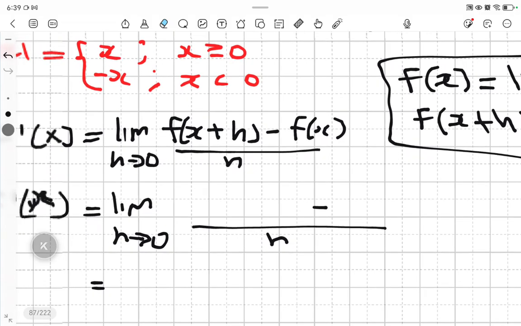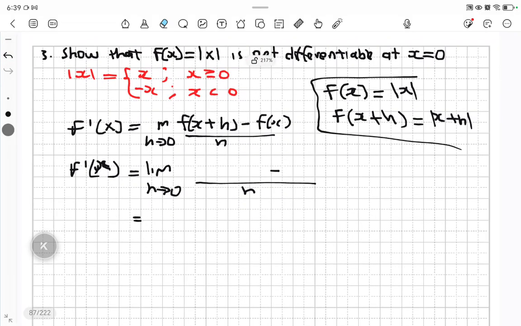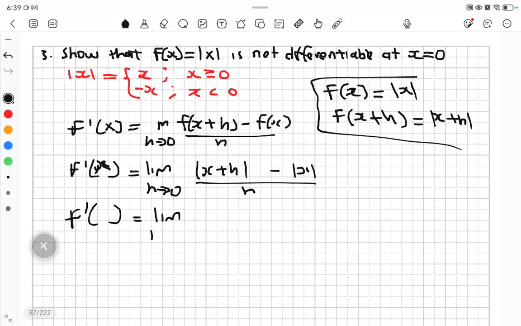So what I did is, remember I said that wherever there's x, we'll replace it by x plus h. So we'll have this minus the absolute value of x. We can now replace x by 0. You see, right?